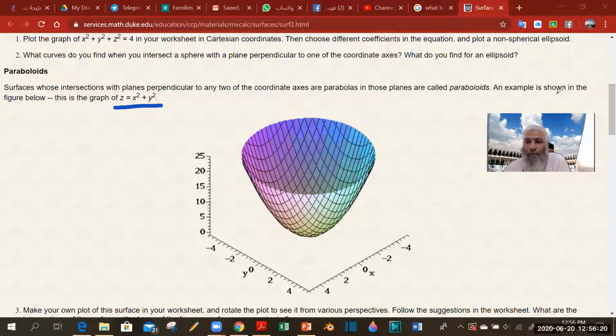An example is shown in the figure below. So in our case, we have z equals root x squared plus y squared. This is not our case.